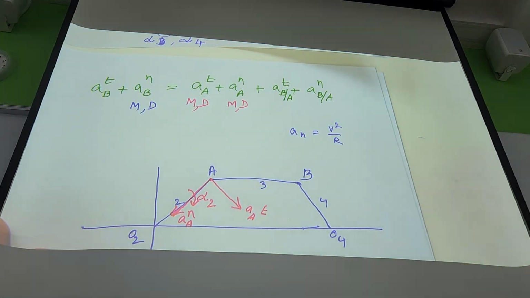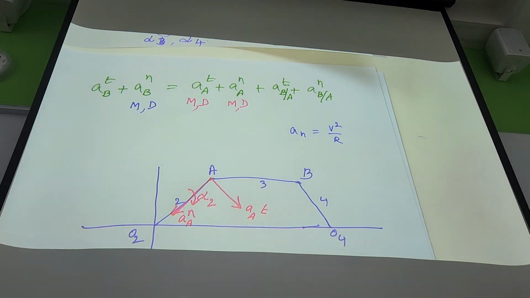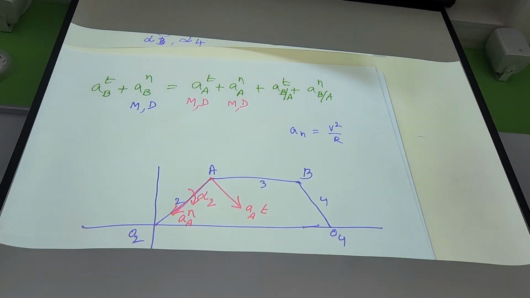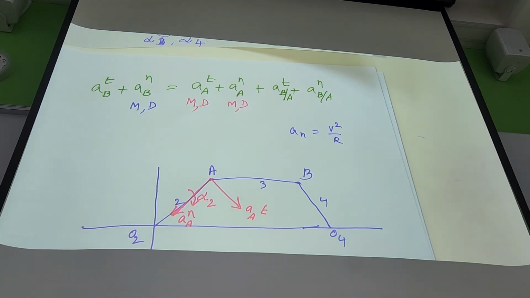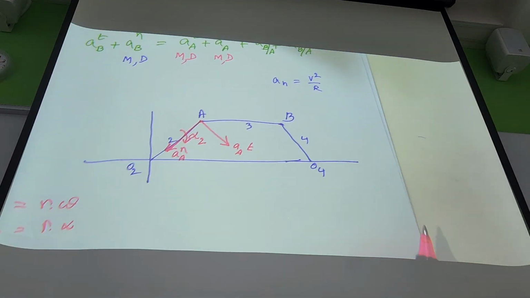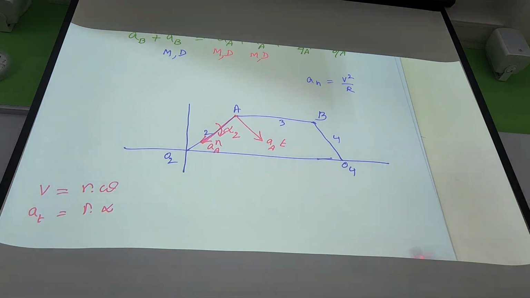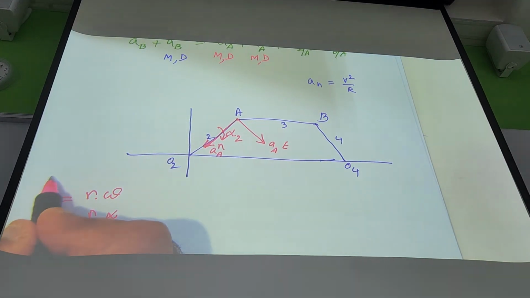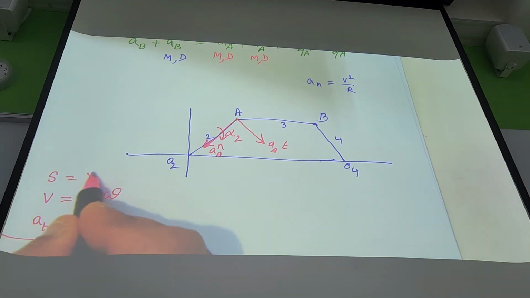We know that v is equal to r omega, then a tangential is equal to r into alpha, and s is equal to r into theta.